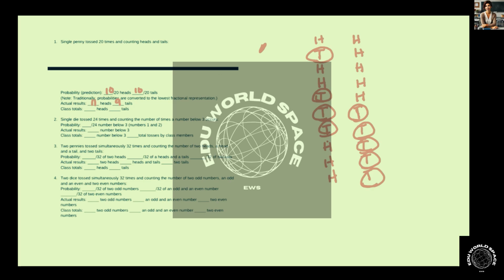Single die tossed 24 times, and counting the number of times the number below 3 occurs. So 24 times.